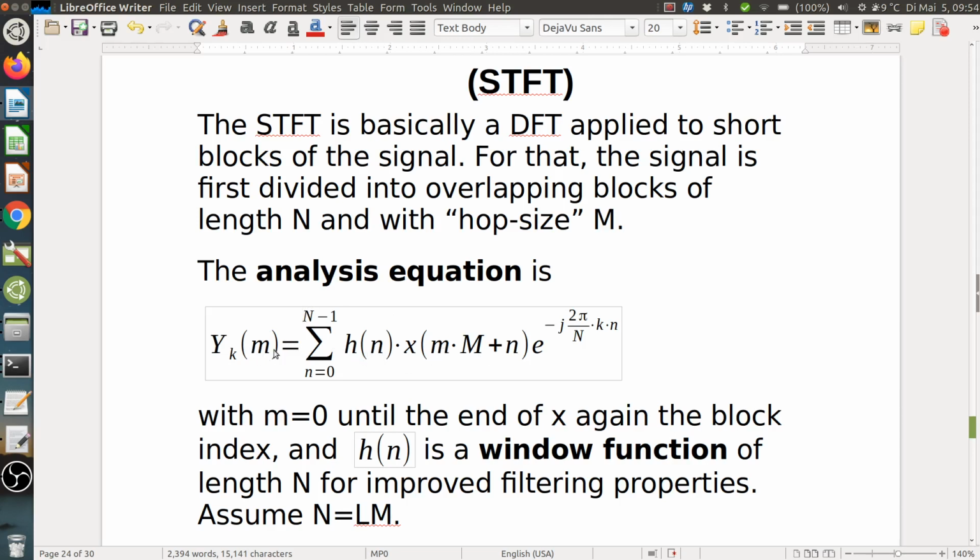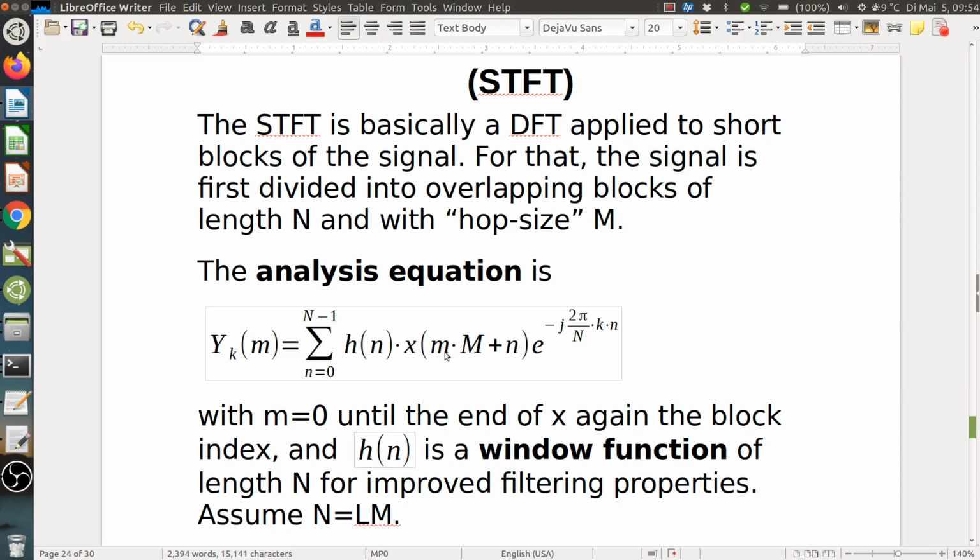So we actually assume that our signal is longer. Here we assume it's not just ending within this block, but that the signal contains many of those blocks. And we basically address each of those blocks by this index lowercase m, which we can also see here, m times M.